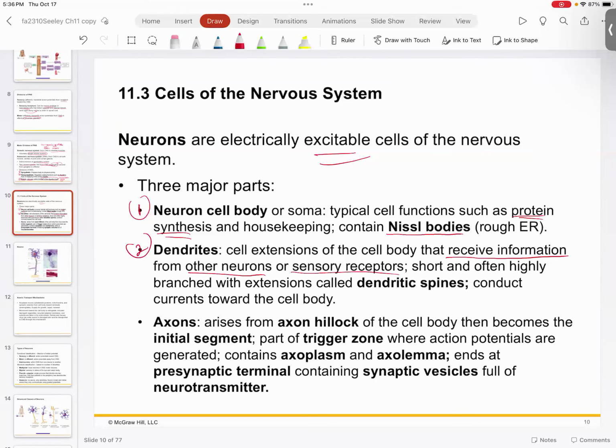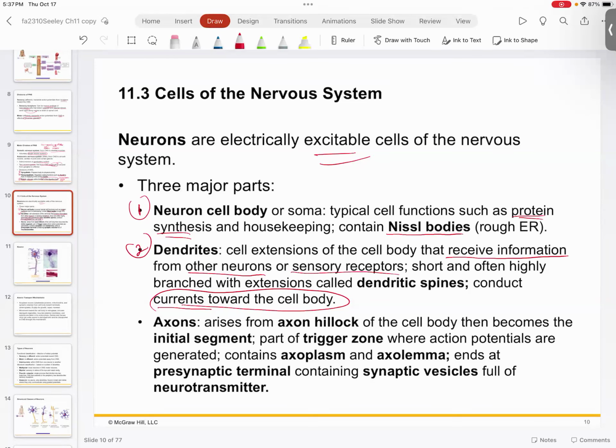They tend to be fairly short, and there's usually a lot of them, and they'll often have little projections on them called dendritic spines, these little spiny looking structures. Their job is to conduct currents toward the cell body. So the cell body is collecting information using these dendrites.